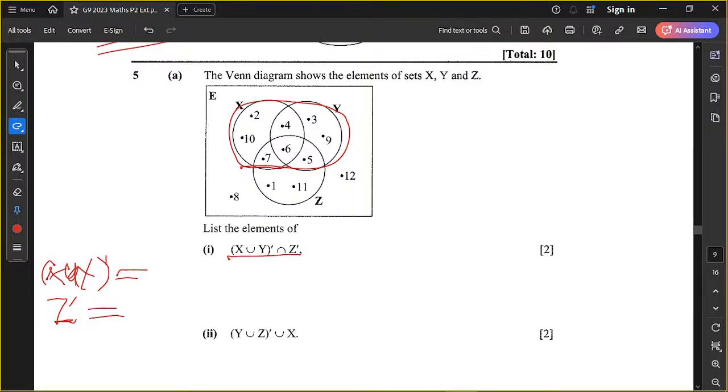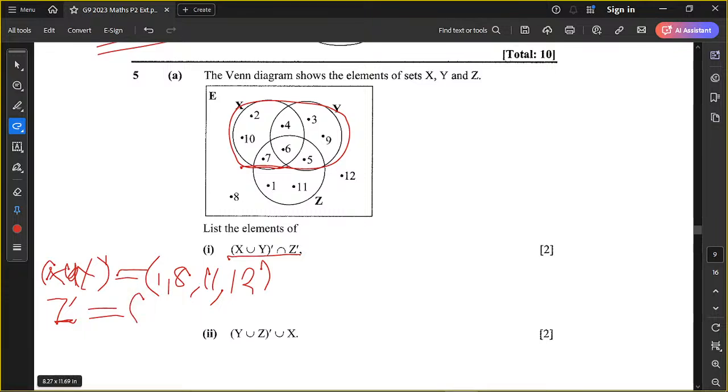Any element that belongs either in X or Y or in both shouldn't be included. So this set will contain elements like 1, 8, 11, 12. Those are the elements. If I have left any, you can remind me, but those are the ones I've copied.